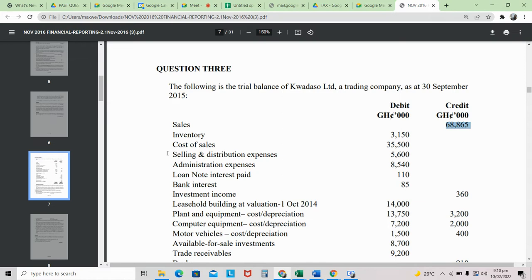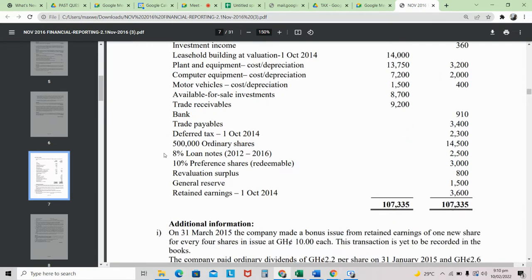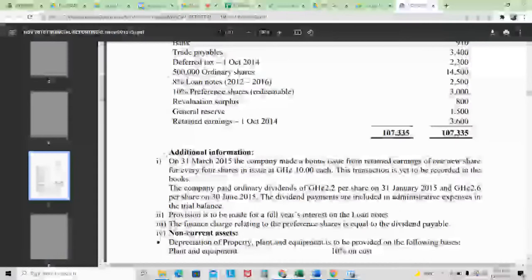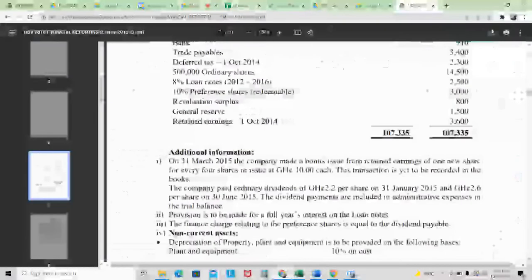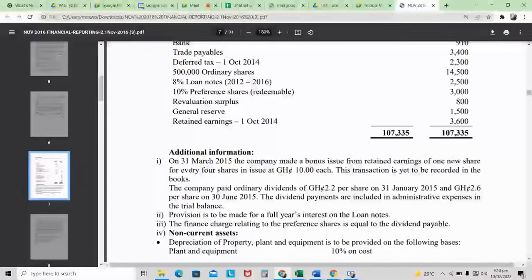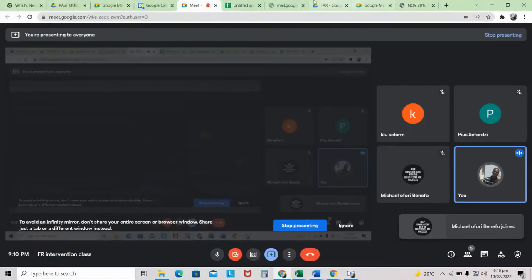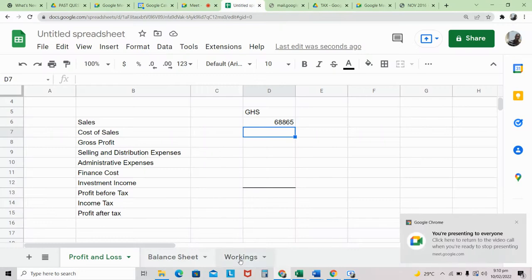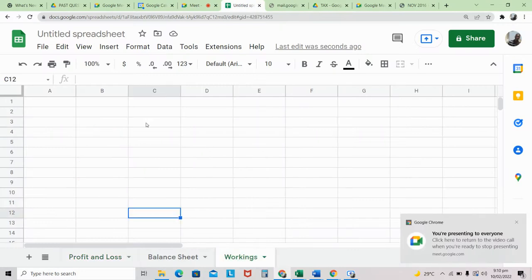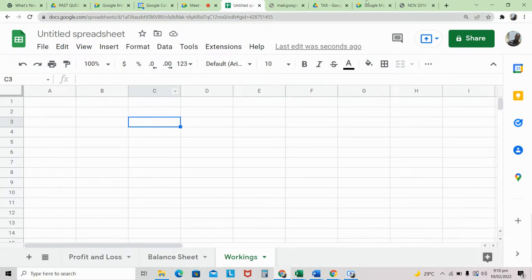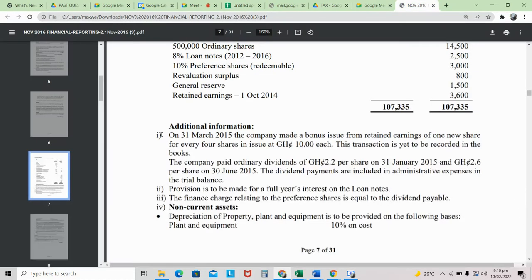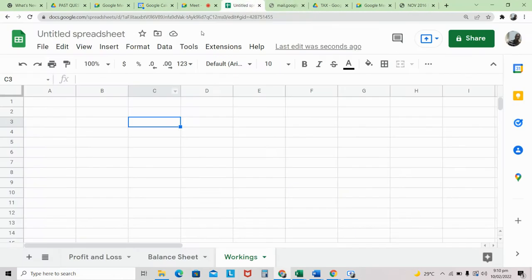Now let's go to the notes and take them one by one. There are certain notes that are standard, so you start with the standard notes first. Note one is talking about bonus issue and ordinary dividends, but there are standard workings you have to do.